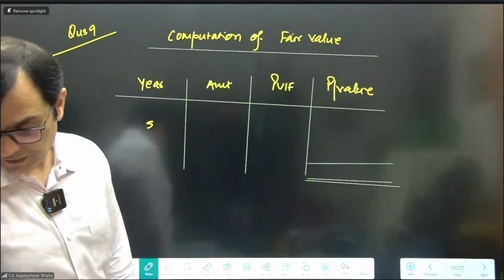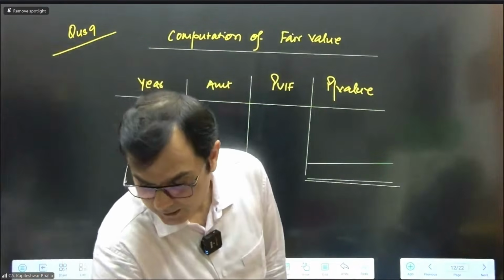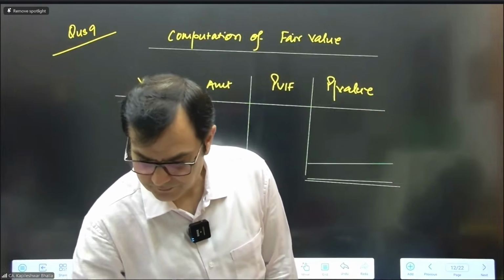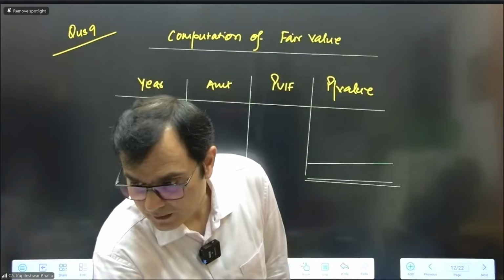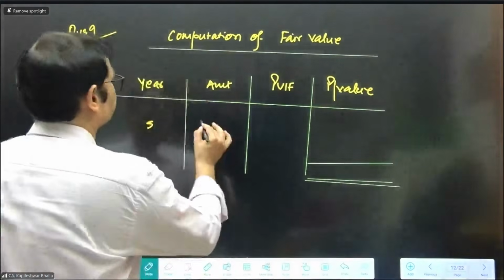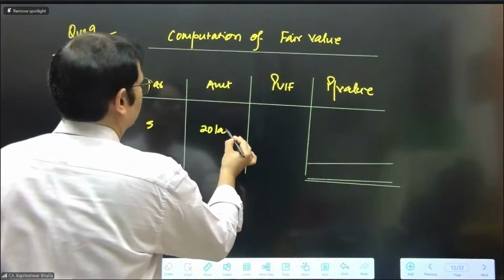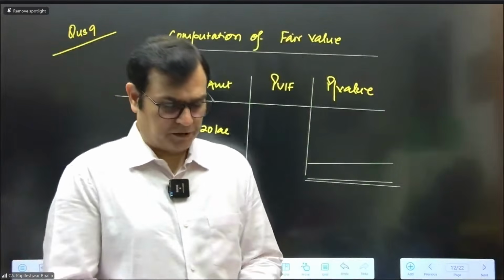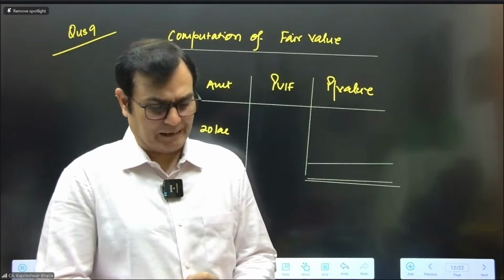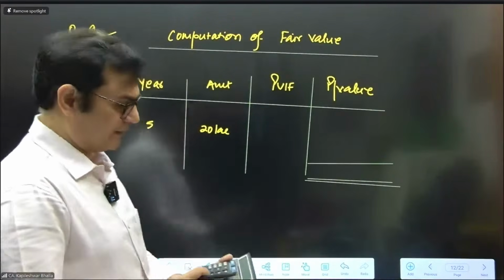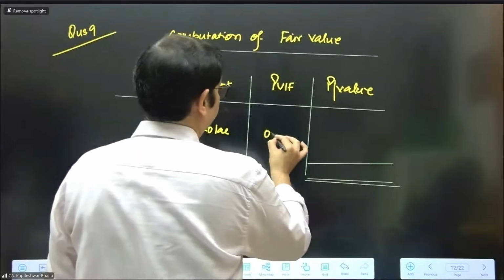So what is the deposit amount? My deposit is to the extent of 20 lakhs. And I think the factor is slightly misprinted, if I remember. Let me just calculate at the rate of 9%. It is 0.649.